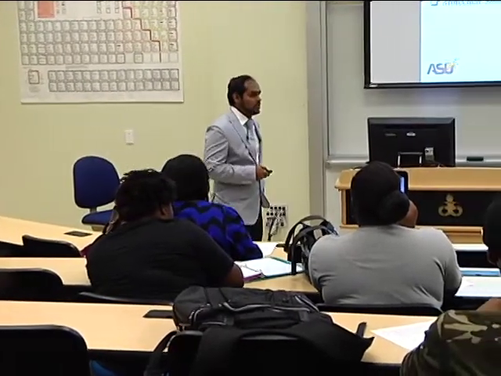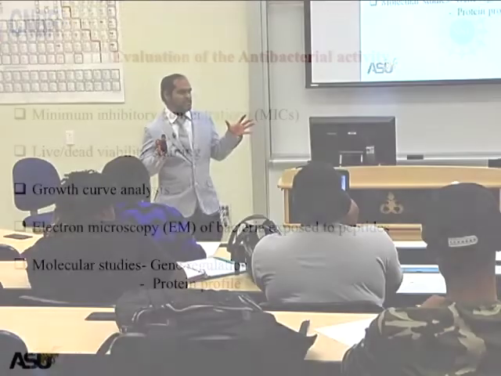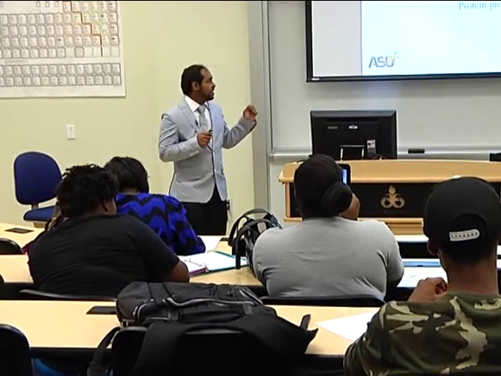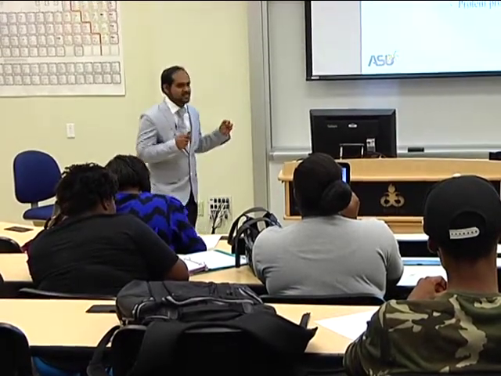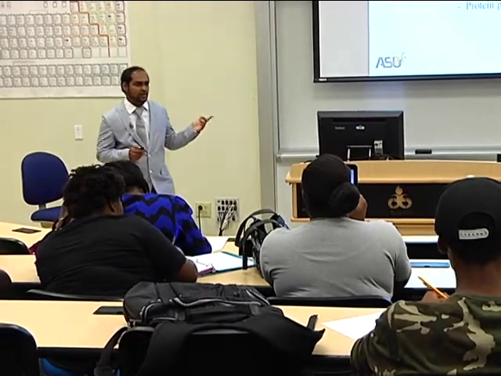Then we do electron microscopy to capture the morphological changes induced by these nanomaterials in bacteria. And then we perform molecular studies, like what is happening at the gene regulation level, and also check the protein profile.